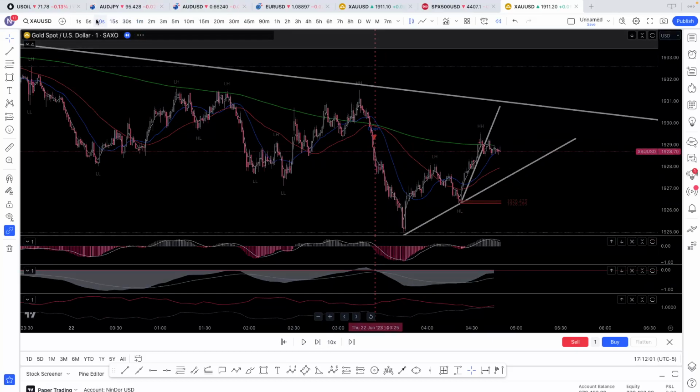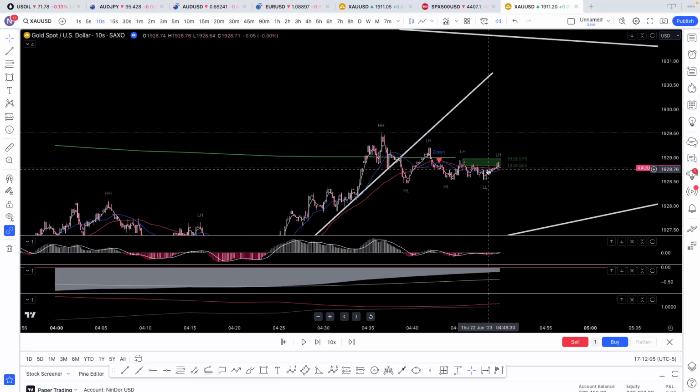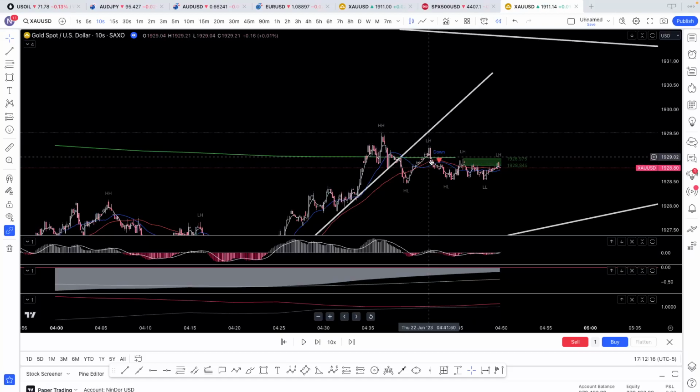Okay, drop back down. I think it was the 10 seconds. All right, and I got the CJ arrow. On the pullback time frame, verify the 20 and the 50 moving averages, and the 50 moving average is right here. Verify the MACD position right here. It's up, it's bullish.